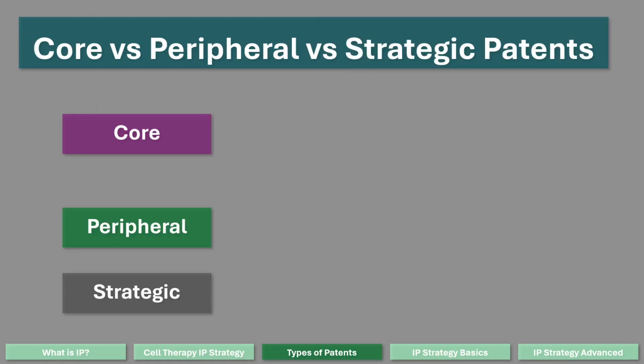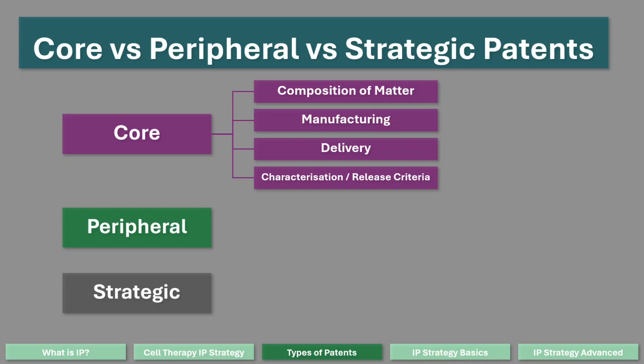An additional way to classify patents is through core patents, peripheral patents, and strategic patents. Core patents are competitive advantages for the cell product and are filed to regulators early in a biotech's development. There are 4 categories of core patents in cell therapy: composition of matter patents, manufacturing patents, delivery patents, and characterization or release criteria patents.